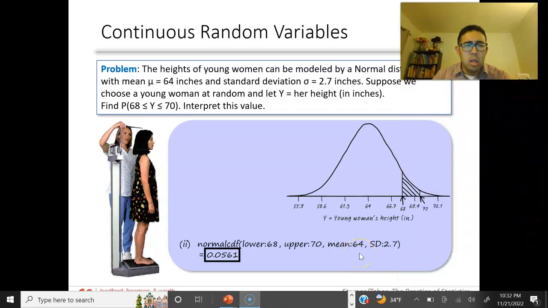If I did normal CDF with a lower bound of 68 and an upper bound of 70, and then a mean of 64 and a standard deviation of 2.7, I would get 5.6%, or 0.0561 probability of selecting a woman between the heights of 68 and 70 inches.